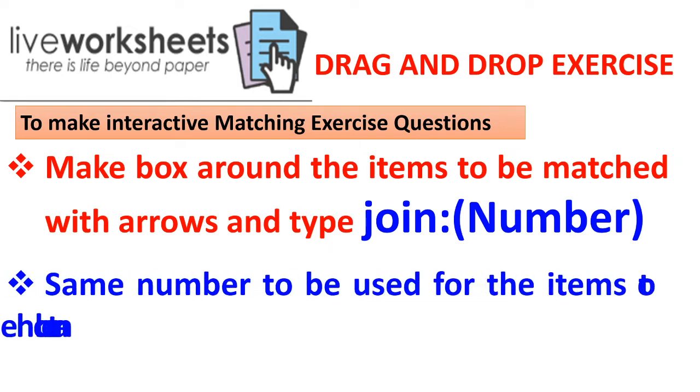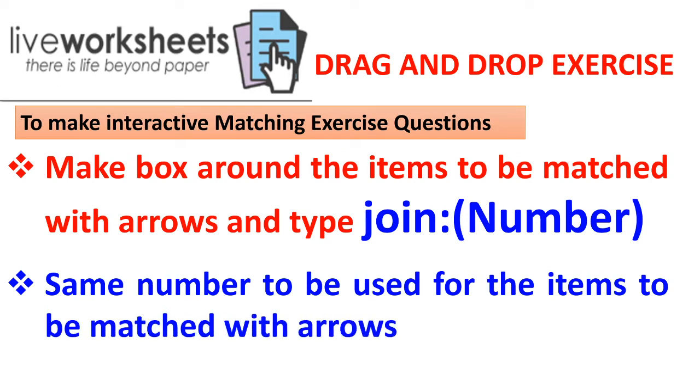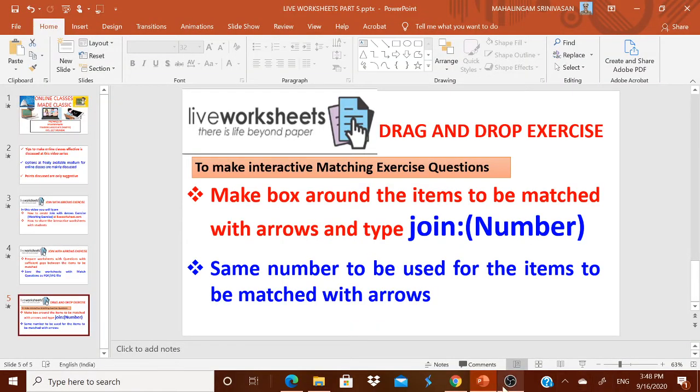Now, the same number is to be used for the items to be matched with arrows. The idea is, if you type join:1 on the left side, the item to be matched with that in column B should also be typed join:1. Similarly, join:2 on the right-hand side, once again join:2 to the item which is to be matched with that.